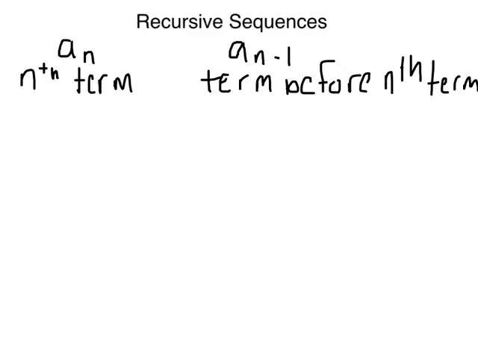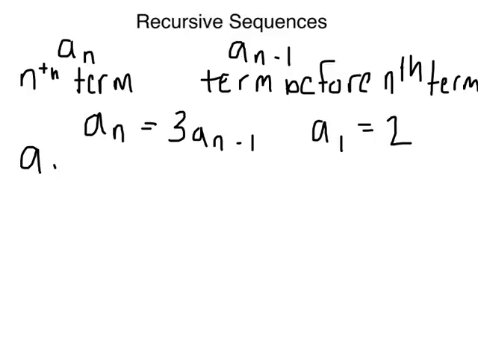So let's say I have a formula, an equals 3 times an minus 1. And let's say that my first term, a1, equals 2. We could find the second term, which would be a2, by plugging a1 into my recursive formula.